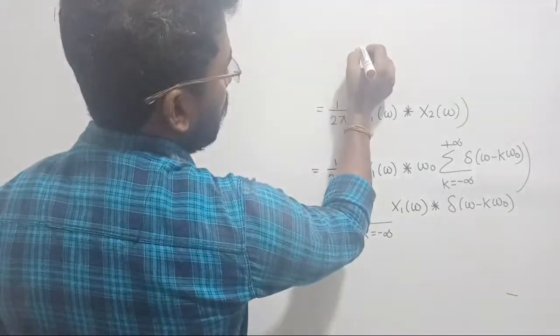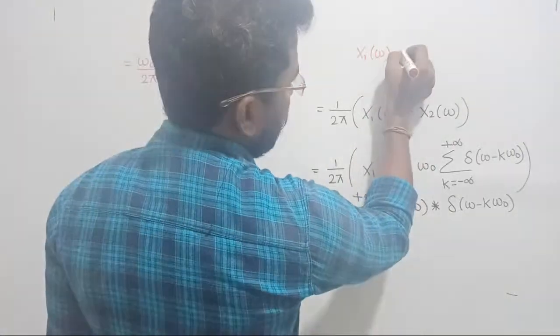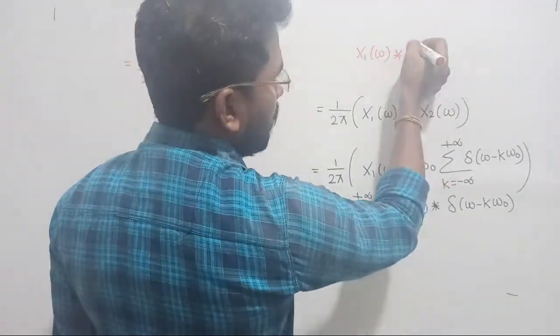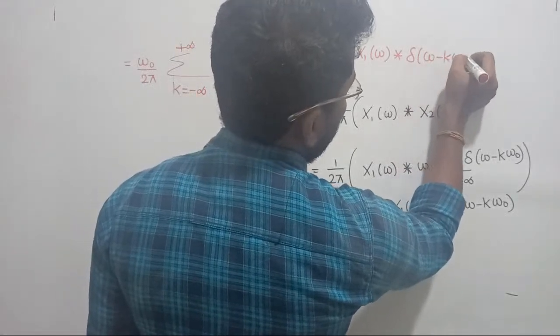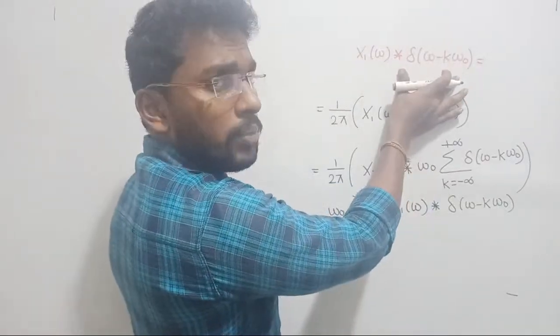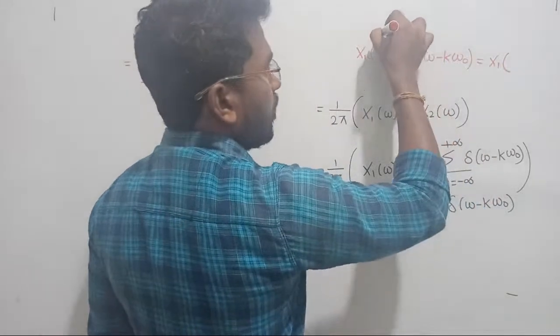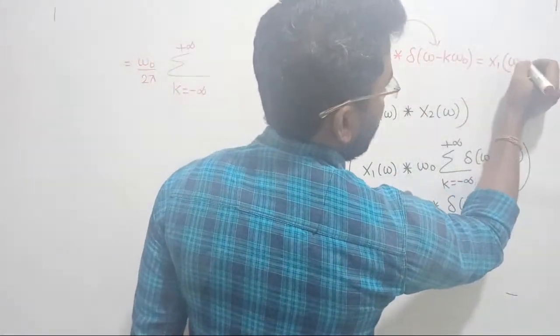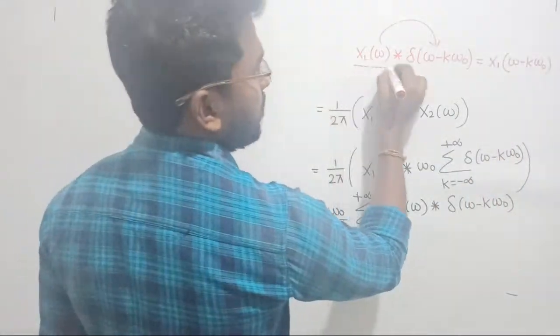See this function X1 of omega, in convolution with del of omega minus k omega naught. If any function is in convolution with the impulse function, then the function can be written as X1 of omega replaced by omega minus k times omega naught. Clear? So that is the relation.